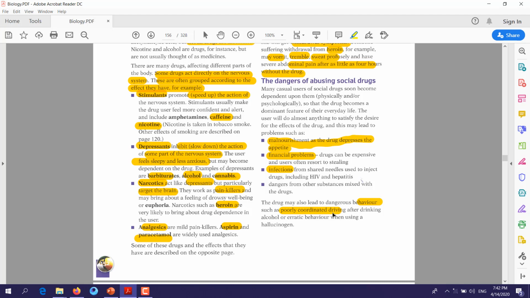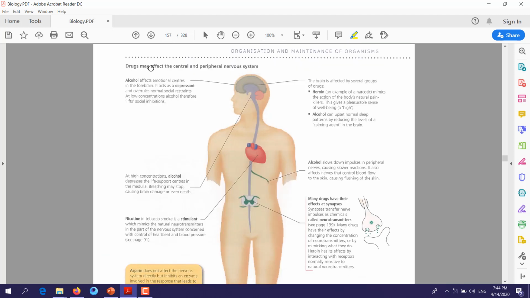So in this case, he may cause an accident. Drugs may affect the central and peripheral nervous system. As we said, drugs affect our nervous system. We took examples, such as alcohol and nicotine, and how they affect our body.